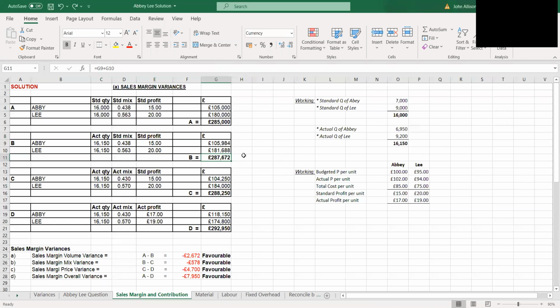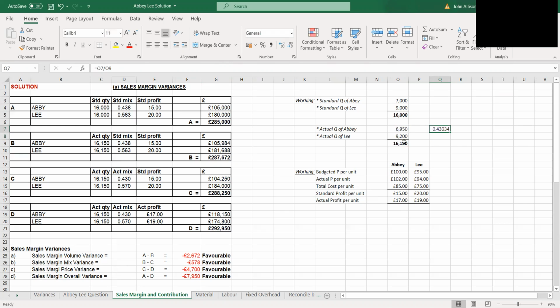Then for C, what's changed is the actual mix. And again, we can get the actual mix by using the actual quantities. So for Abbey, the mix used is the actual quantity of Abbey, the 6,950, divided by the total actual quantity.